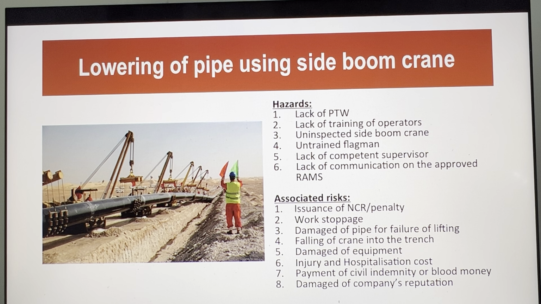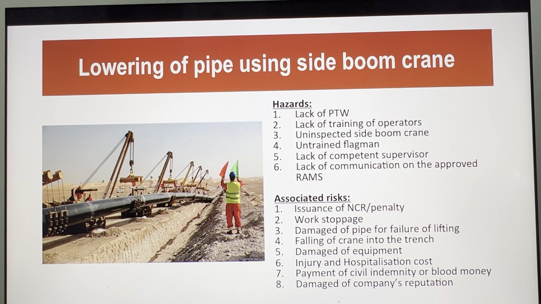Now, the weather condition, if the wind speed is high, there are areas where the client will refuse to issue the permit for lowering the pipe. All right. Then lack of training on the part of the operators, uninspected side boom crane, untrained flagman.